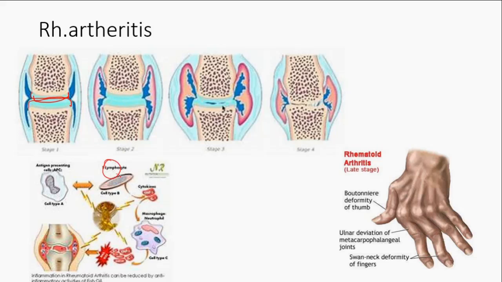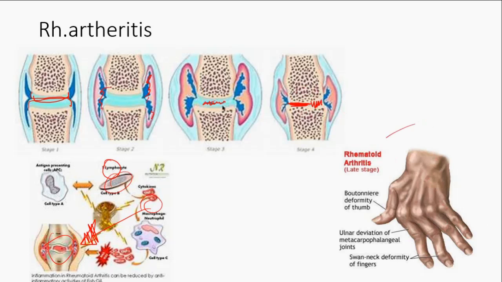These immune cells start to attack the joint, and it starts to break down, and the bones can even fuse.